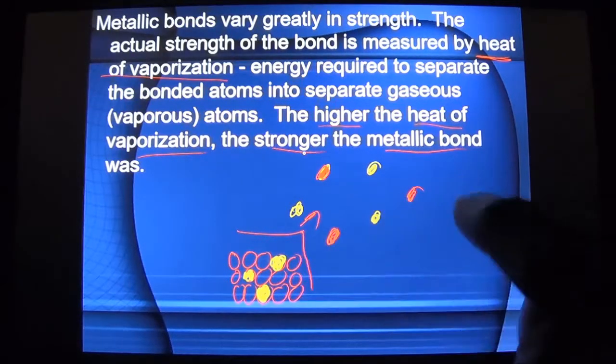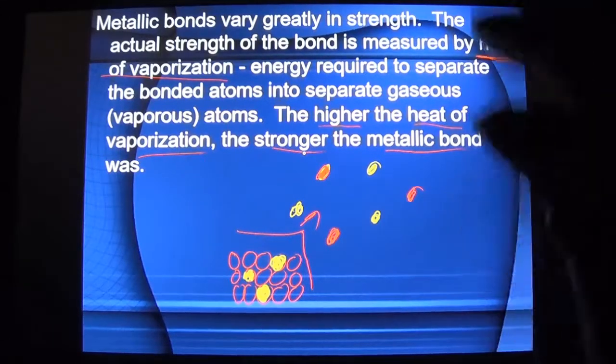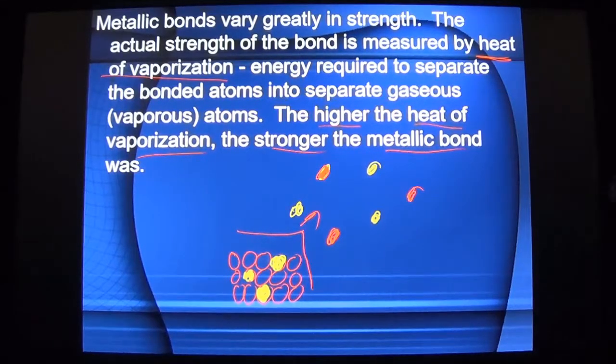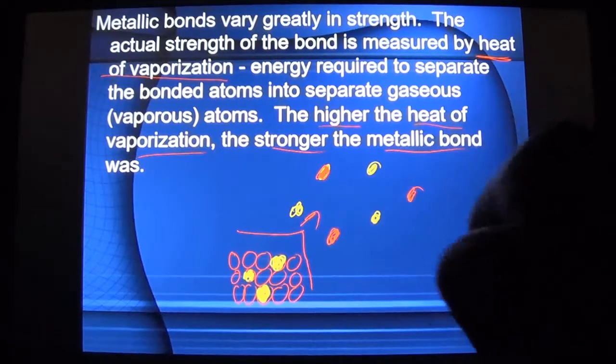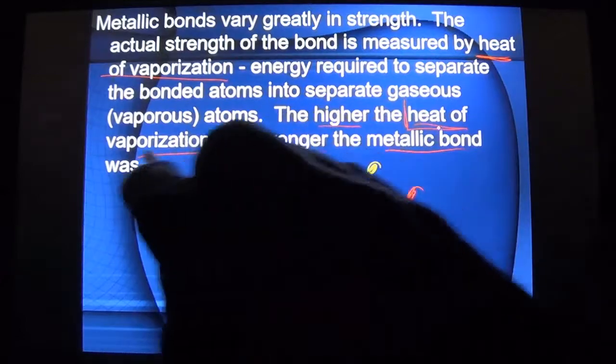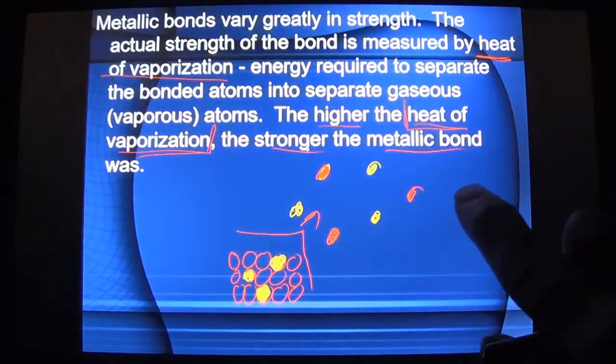So there's a way to measure each type of bonding, a way to put an actual numerical value. You could go to the back of some textbooks, usually college ones, and look up these heats of vaporization and lattice energy numbers and compare. We don't need to do that for our class, but you do need to understand what it means to have a higher or a lower heat of vaporization. What's that mean to the strength of the bond?